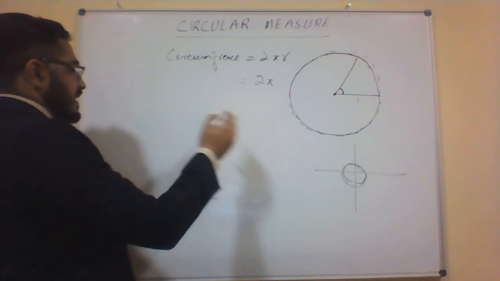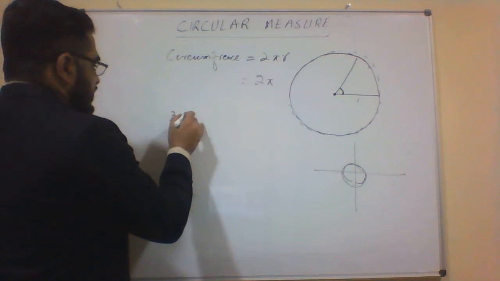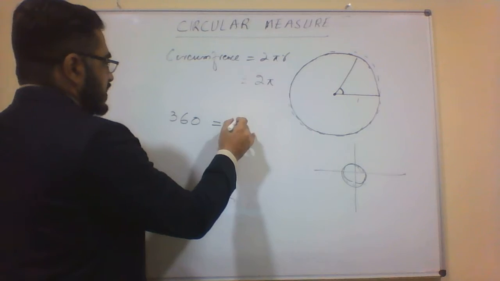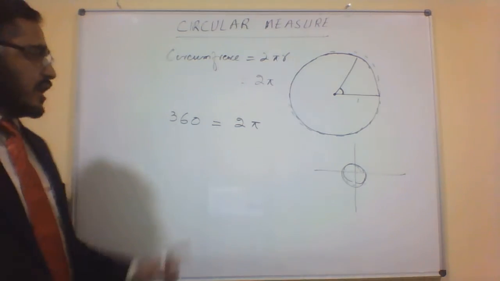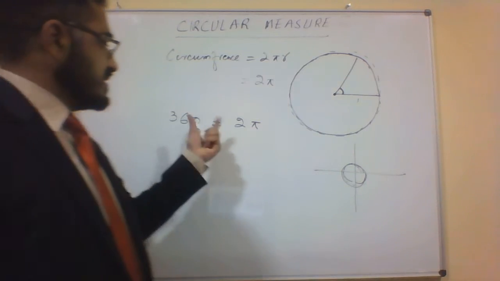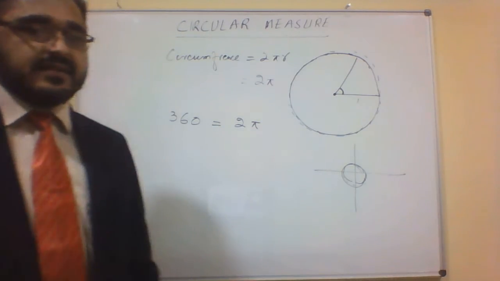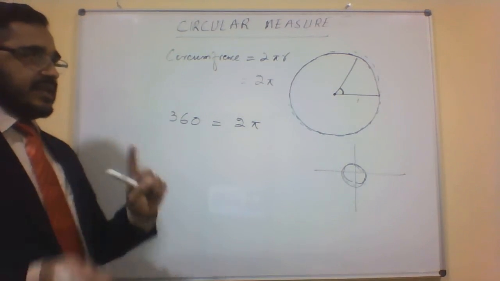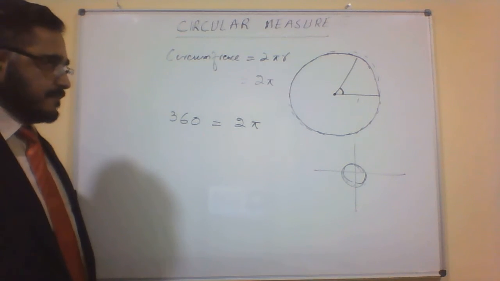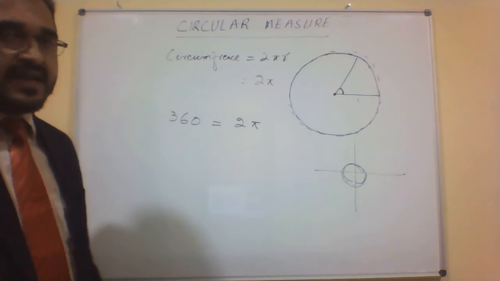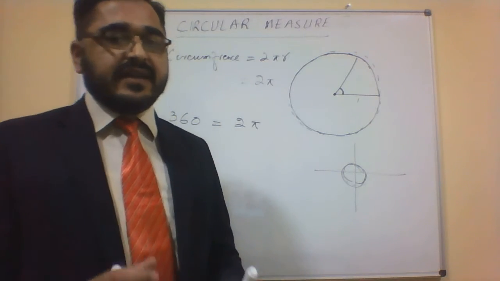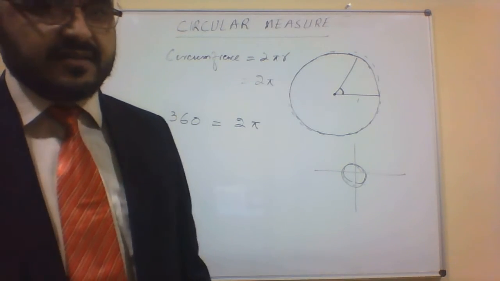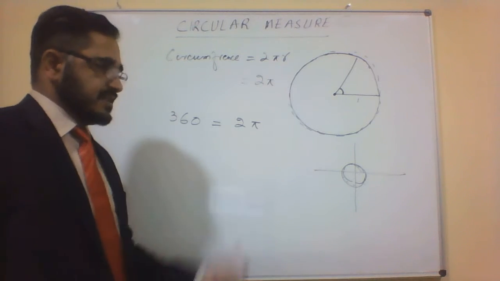As in degree we are taking 360, in radian we can take it 2 pi. Now from this relation, we will get the relation between degree and radian, and then we'll discuss how we can convert radian to degree and degree to radian. That we will discuss here in this session.